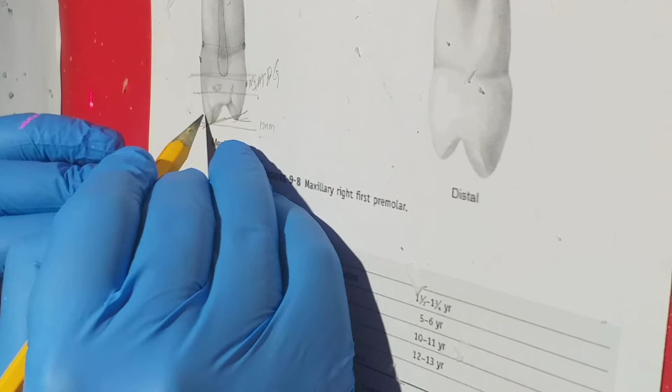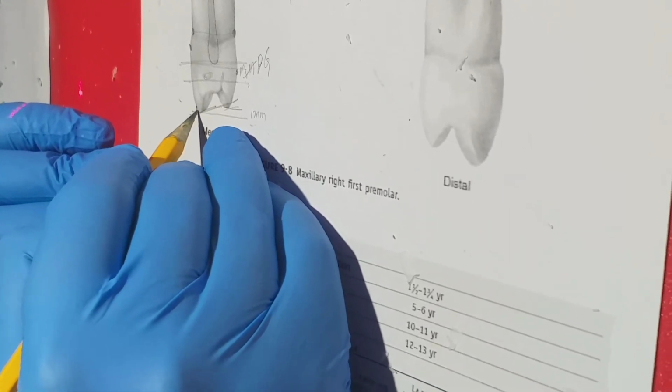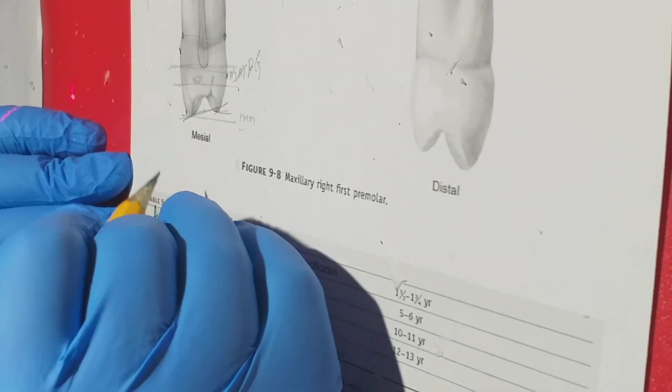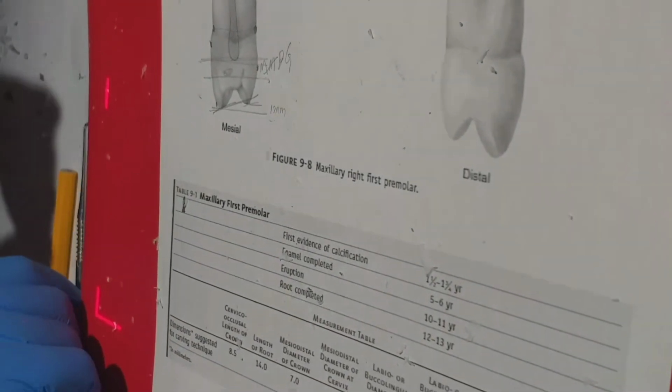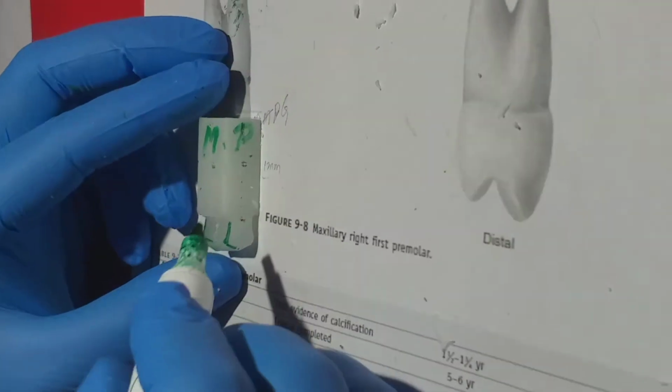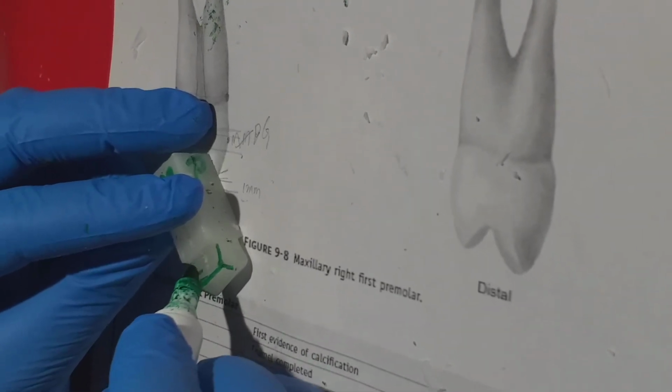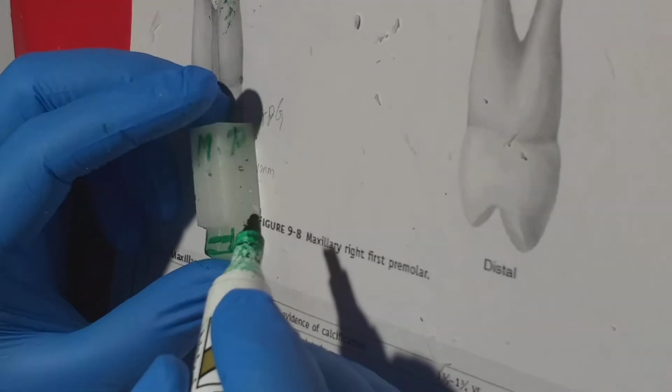So I map those points. I divide this, and this is already there. So now I have divided.